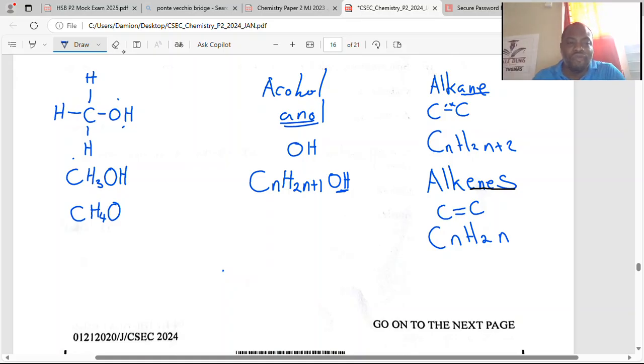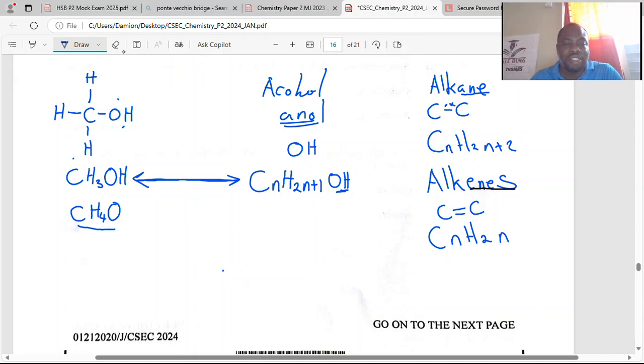If we're going by the general formula, we're basically going by this. Because when you say n is 1, 2 times 1 is 2, plus 1 is 3. So that's how we get that. And then we have the functional group right there. But we can also represent it like that.